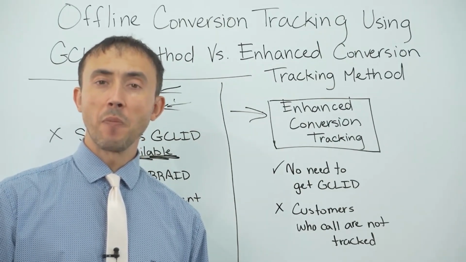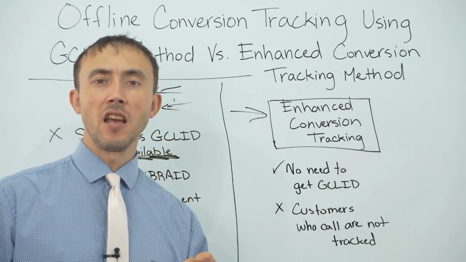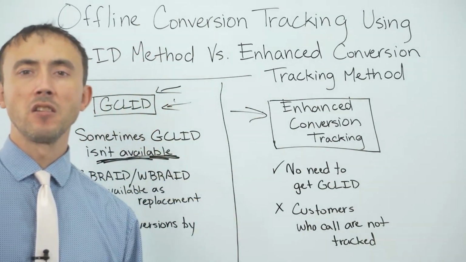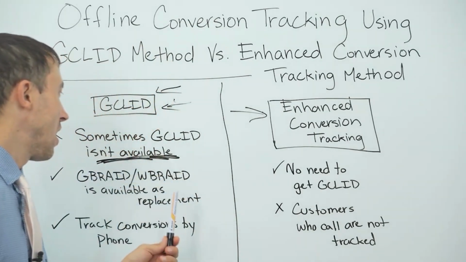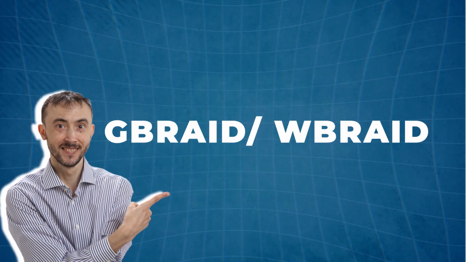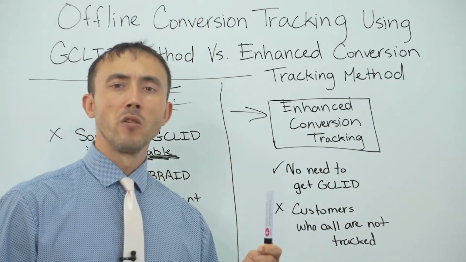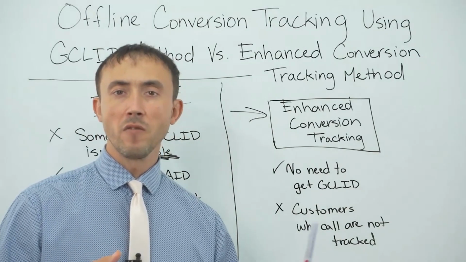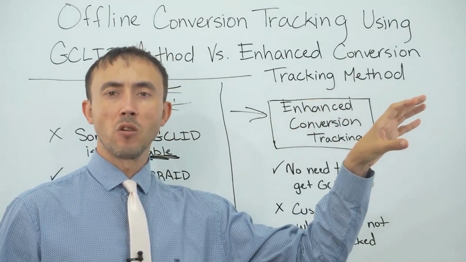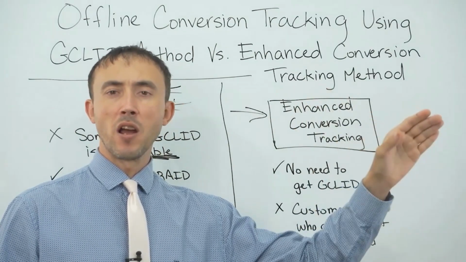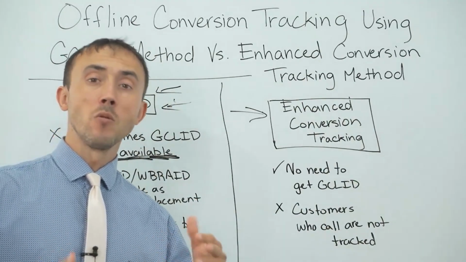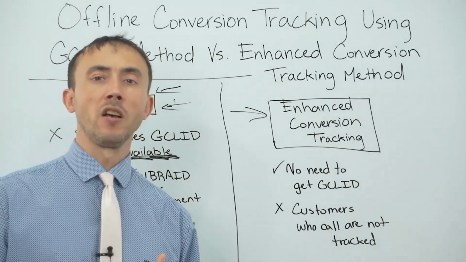With those Apple devices, you're not able to get the Google Click ID, essentially. What will be in its place, though, going into the next thing on my list here, is G-Braid or W-Braid, which is what it's actually called. So what you'll notice on certain devices, if you click on an ad, instead of the end of the URL saying Google Click ID, it says W-Braid equals or G-Braid equals. Therefore, it's in place of the Google Click ID.